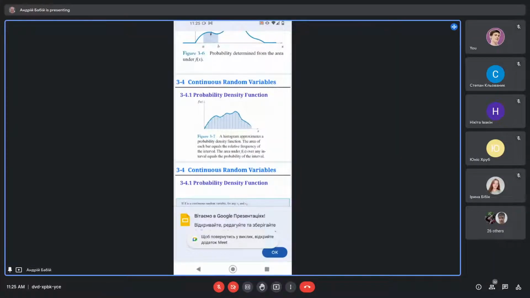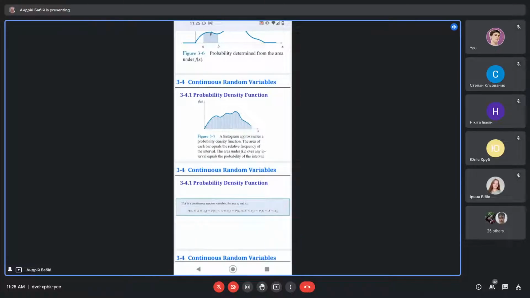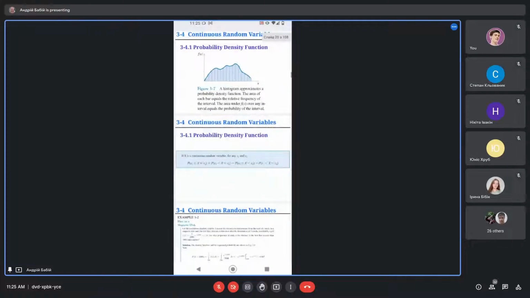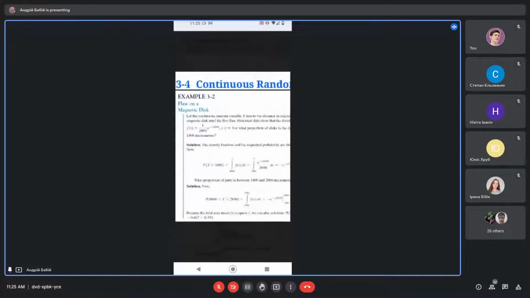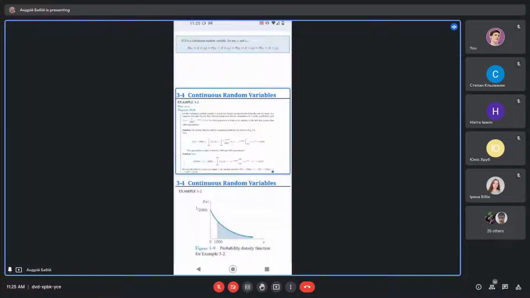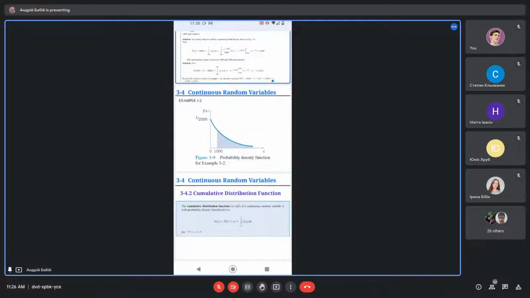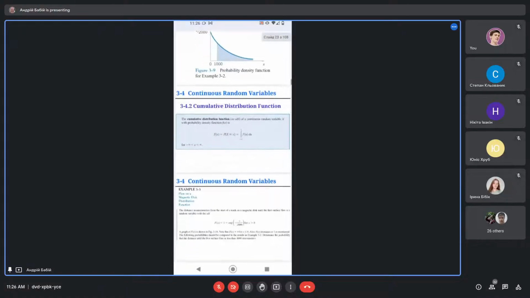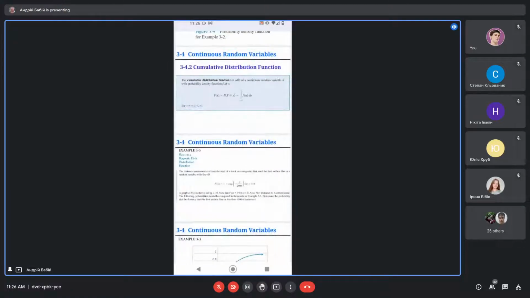Previous time we talked about continuous random variables. We talked about probability density function. We talked about examples related with magnetic disks. I think that we touched cumulative distribution function. As you remember, it's just integration of probability density function.